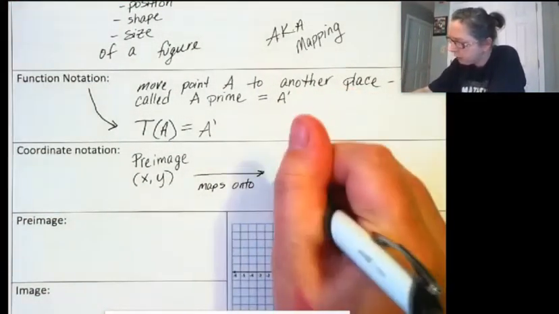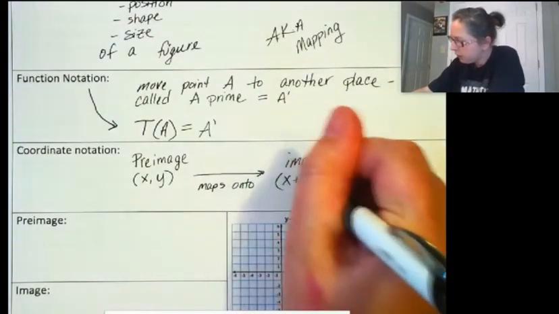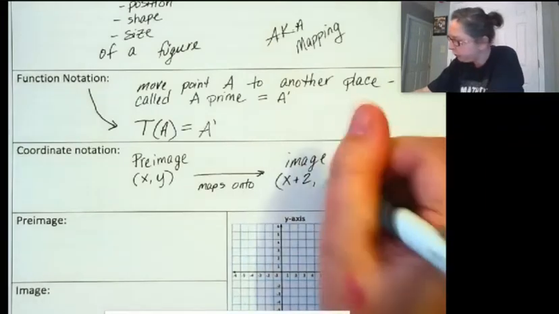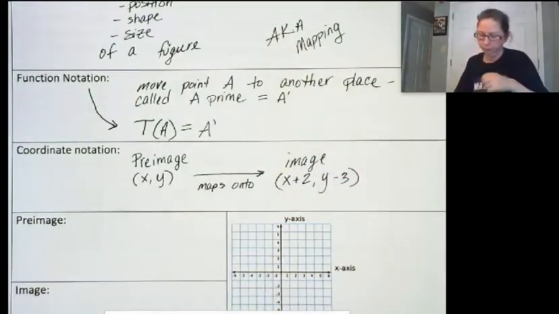And the image would look like, I'm just going to make one up, x plus 2, y minus 3.